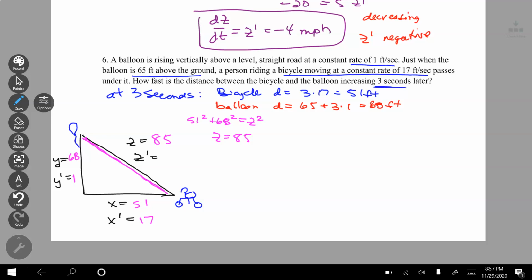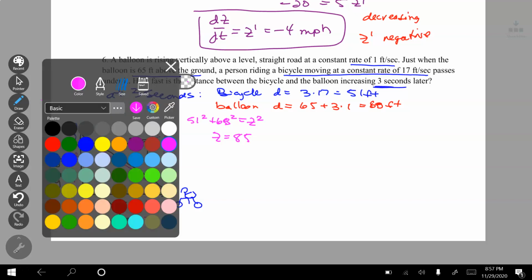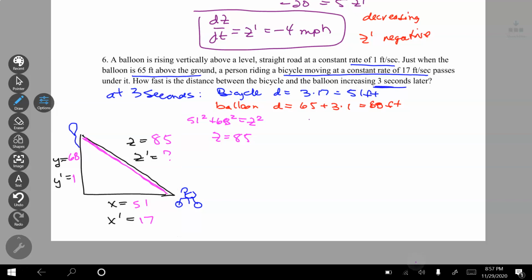So the only thing I don't know is how the distance is changing between the bicycle and the balloon. And of course, I could do my Pythagorean theorem, x times x prime plus y times y prime is equal to z times z prime. I have 51 times 17 plus 68 times 1 is equal to 85 times z prime.